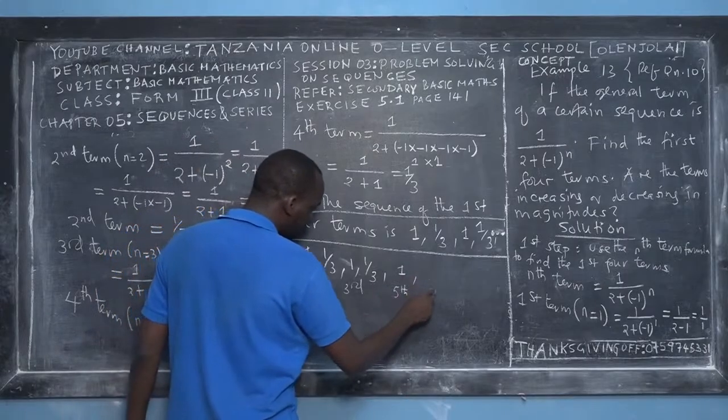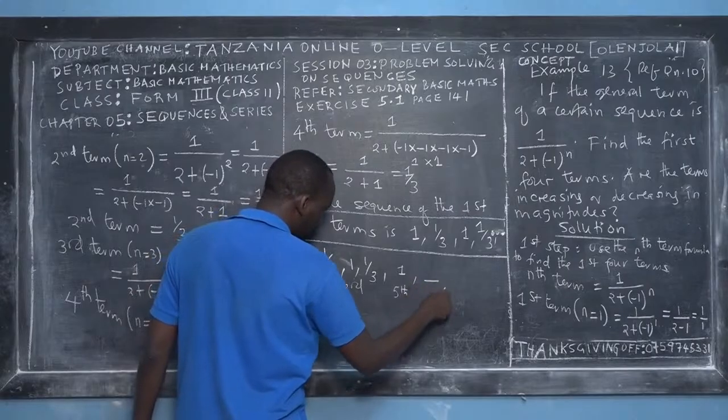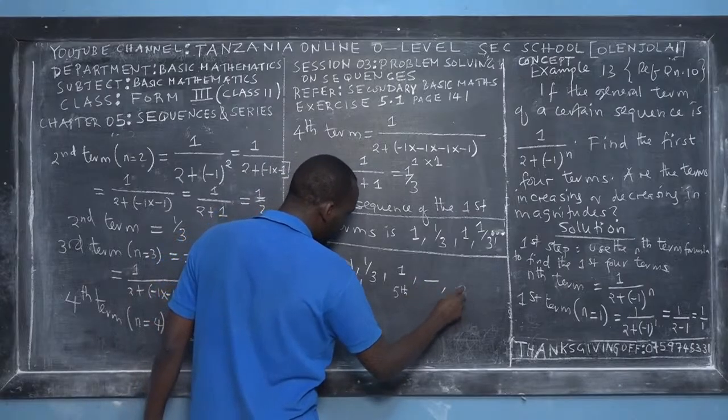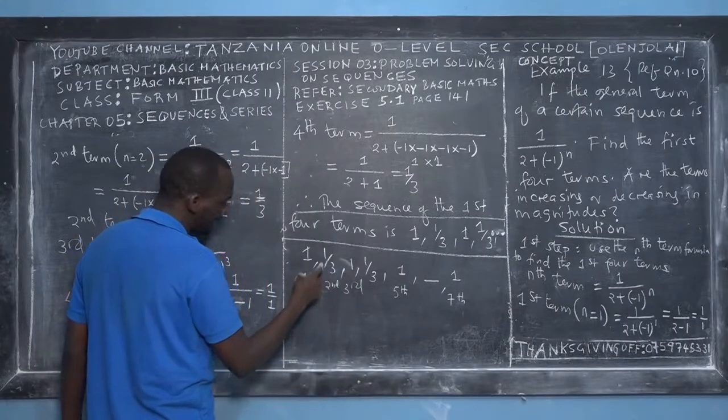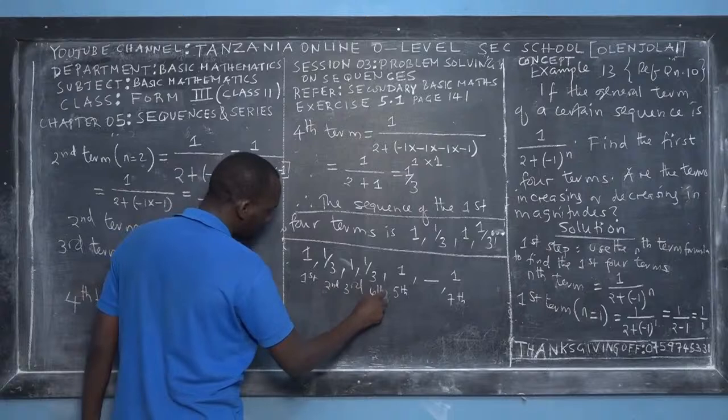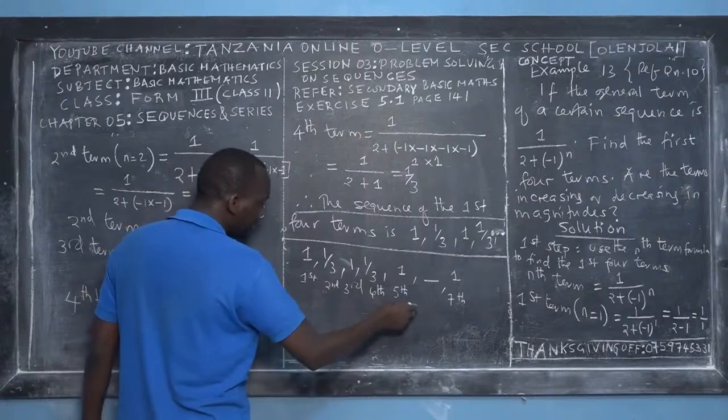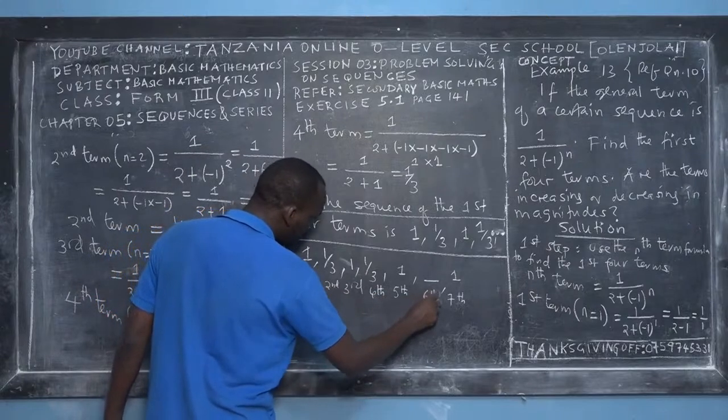Then the seventh term also will be 1. The second term is 1/3, the fourth term is 1/3, even the sixth term will be 1/3.